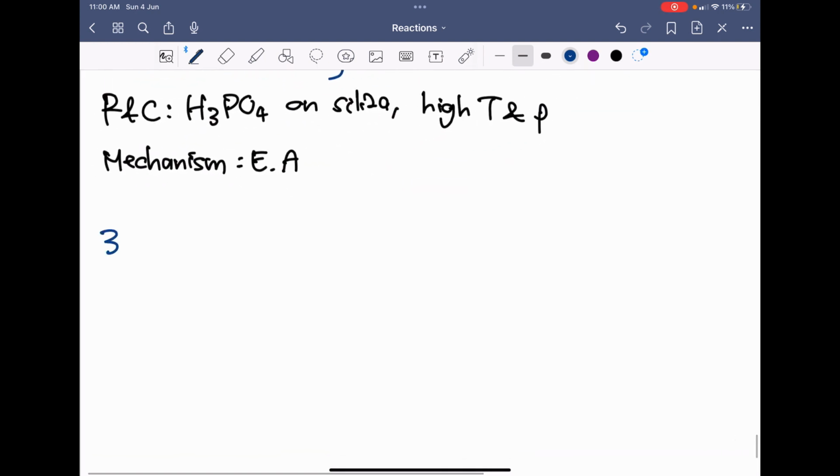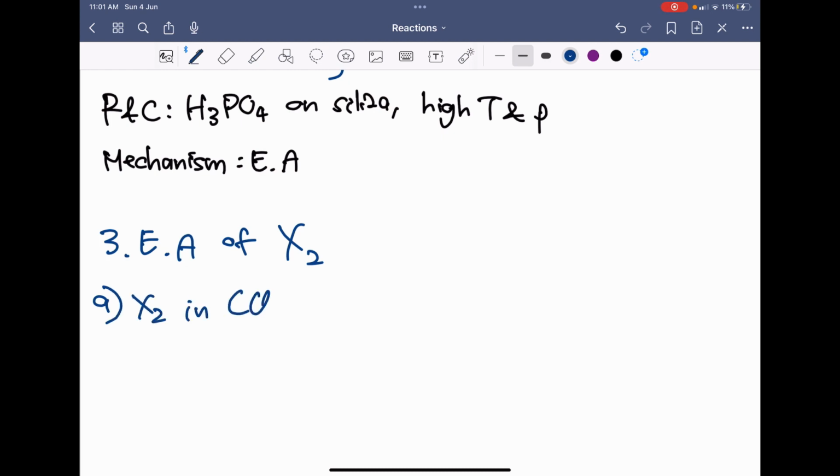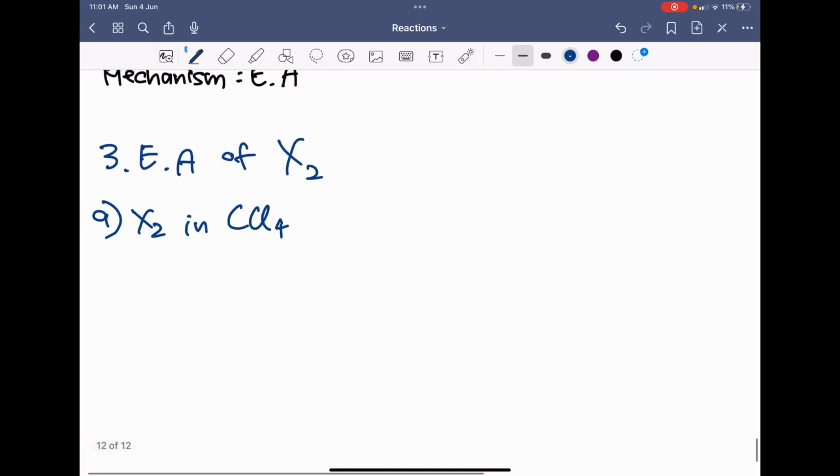Now we are looking at the electrophilic addition of halogens. The first one is halogens in CCl4. Note that X here, we are talking about Br2 and Cl2.